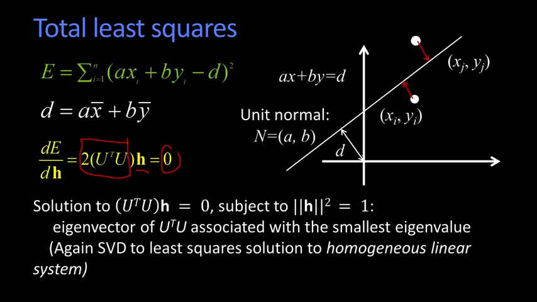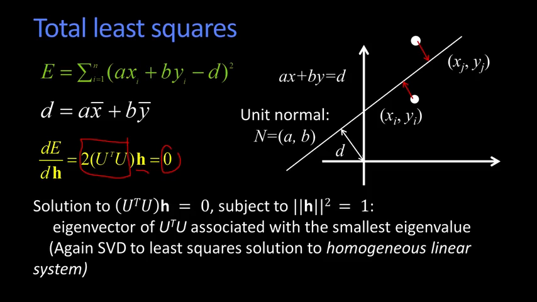All right, so the solution to U transpose U H equals 0, well, the dumb solution is to set H equal to 0. We said that wasn't going to work. Remember when we did the essential matrix and when we did calibration and all that stuff? We said, no, since we have everything only up to a scale factor, what we're going to do is set the magnitude of H equal to 1.